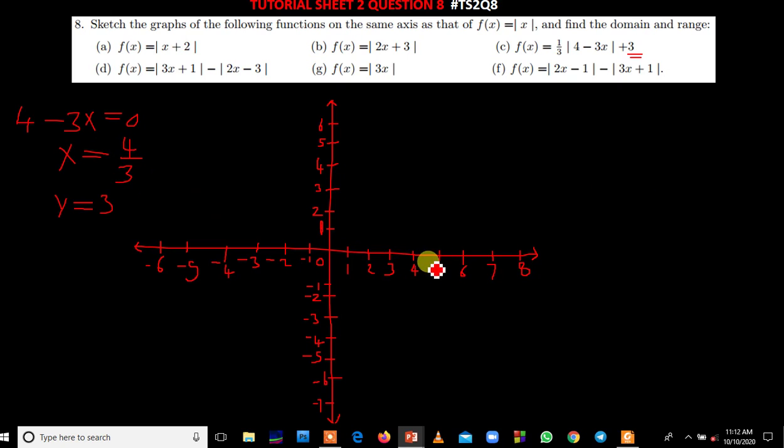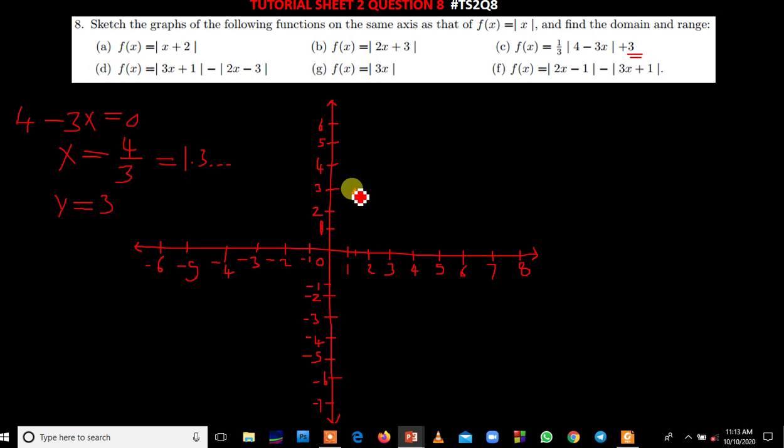Sorry, 4 over 3 is something like 1.3, and 1.3 is somewhere there. So 1.3 comma our y value is going to be 3, so 1.3 comma 3.